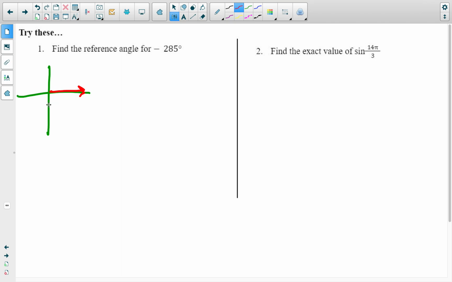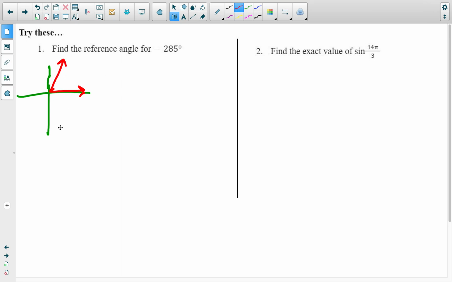So negative 90, negative 180, negative 270, and then here in quadrant 1, we would be into numbers between negative 270 and negative 360. So negative 285 would be like, well, actually, it'd probably be a bit closer to the y-axis. Right, it would look something like this.